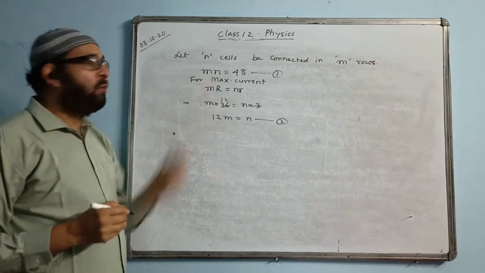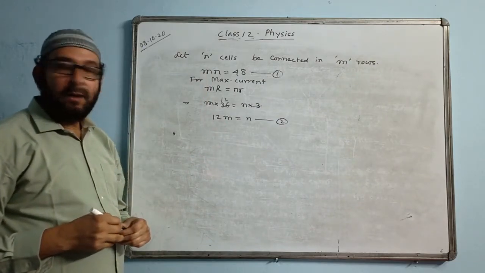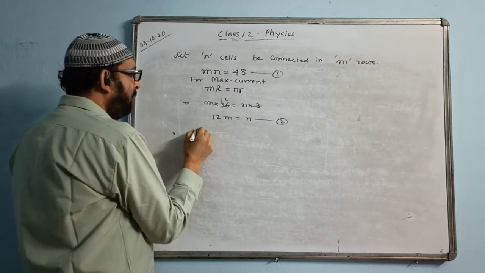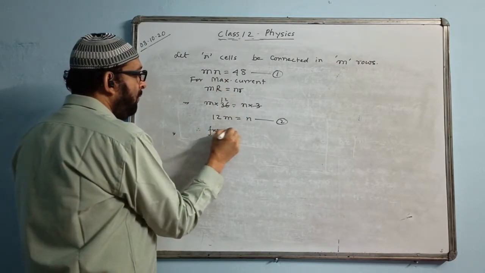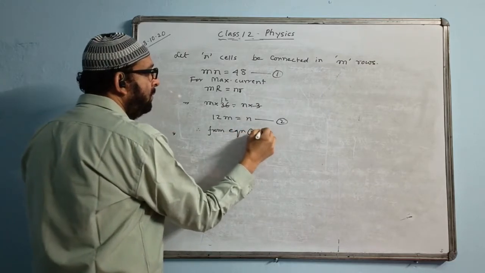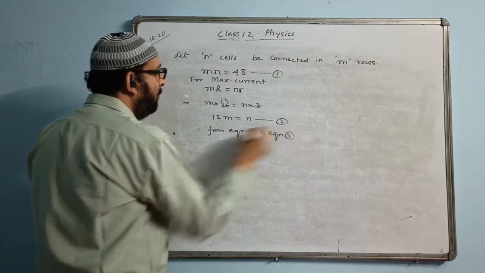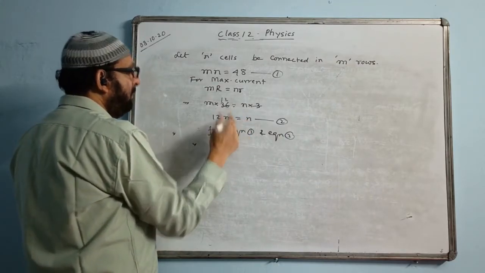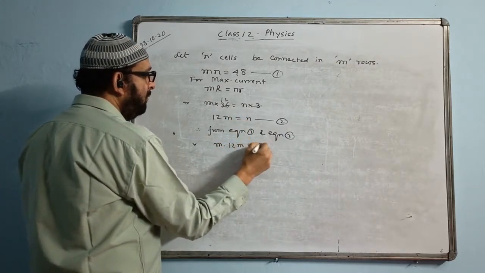Now we will solve these two equations and find the values of m and n. From equation 1 and equation 2, keep m as it is, into n, which is 12m. So 12m into m is equal to 48.